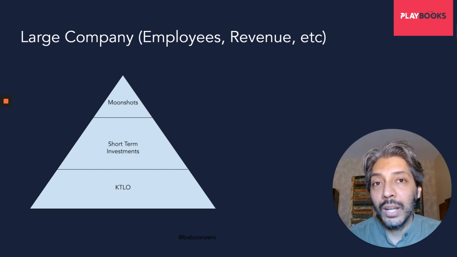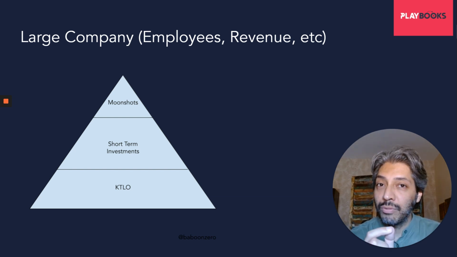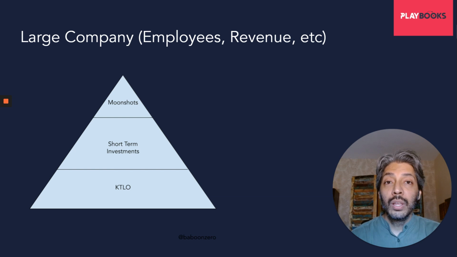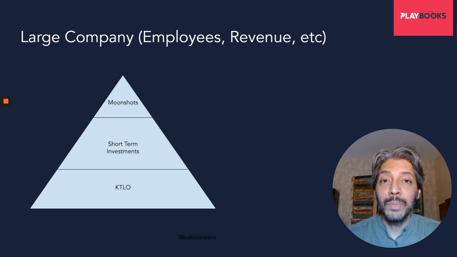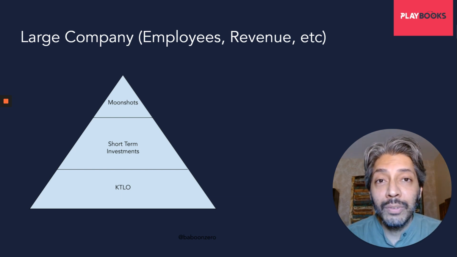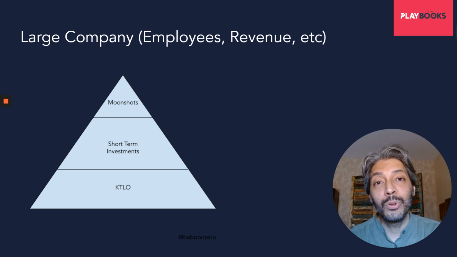Now, the mistake that a lot of companies make is that even though they are in mid-stage, which is that they've just found product market fit and they're still in that growth stage, their roadmap starts looking like a pyramid, which means that even when they should be spending a lot more effort on moonshots, they actually try and spend all their efforts on KTLO and keeping the lights on, and a fair amount of effort on short-term investments, but stop thinking about big long-term investments, big audacious goals, trying to build new tent poles.